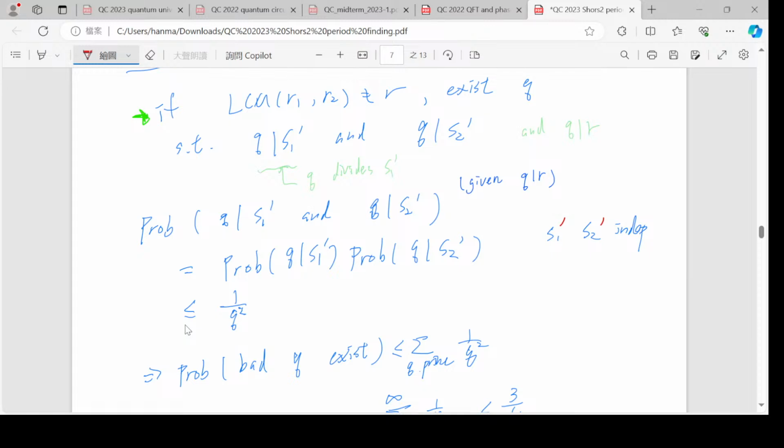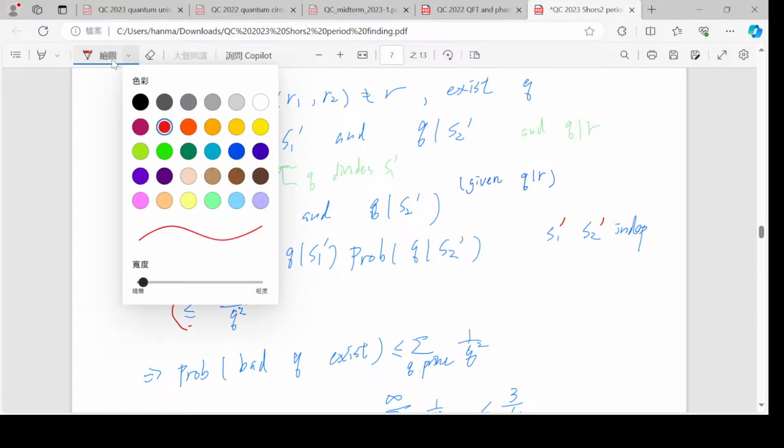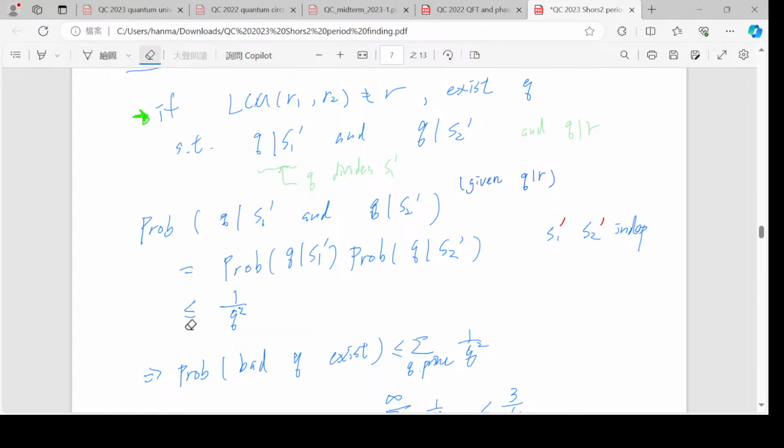I'm a little confused about Q dividing R. The detail is a little annoying, so how do you prove this is less than or equal to? I guess we have time, but let's go over the high level first, right?